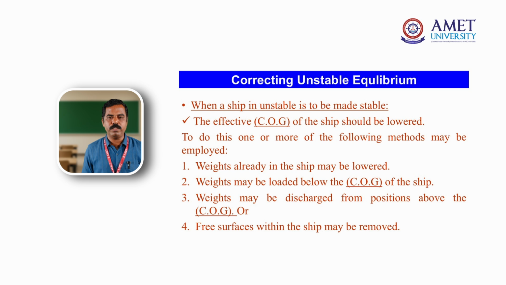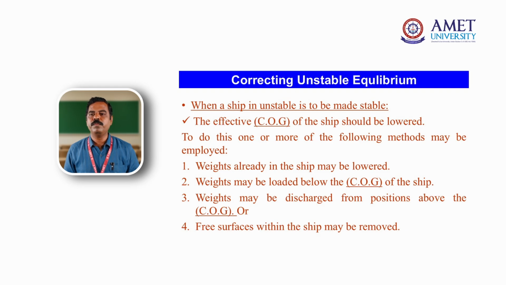What we can do is keep the fully loaded containers at the bottom of the vessel, at the tank top level, as low as we can. Then our center of gravity position will come down. The weight can be loaded below the center of gravity of the vessel.